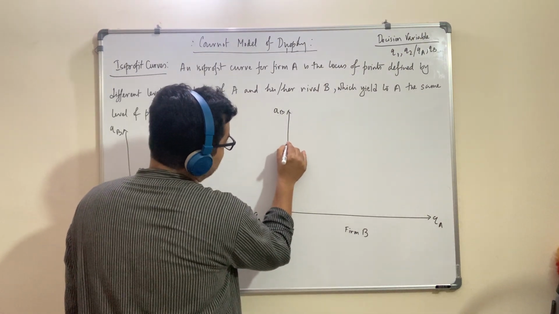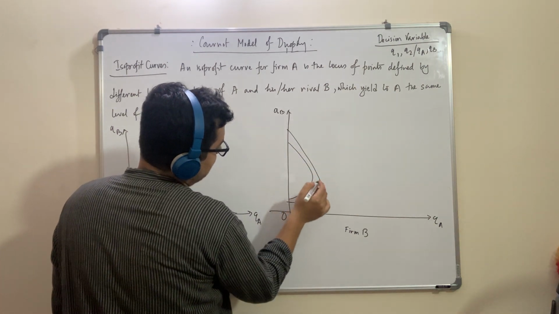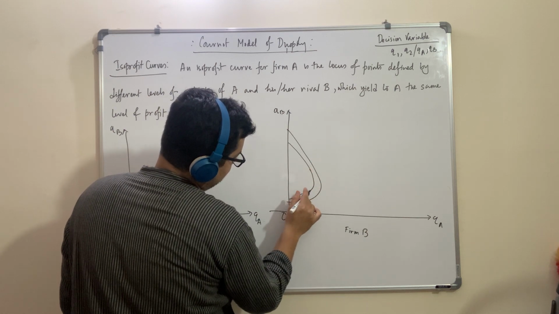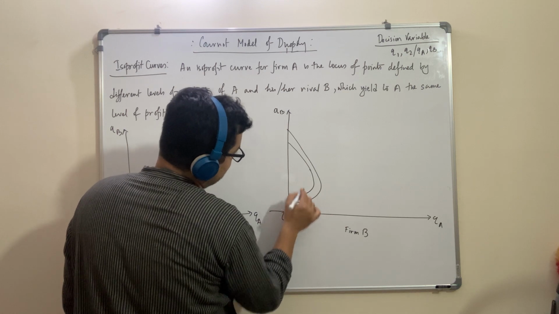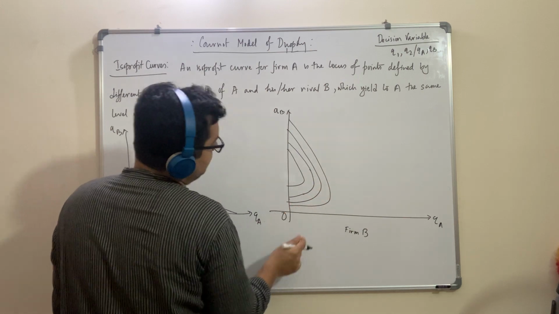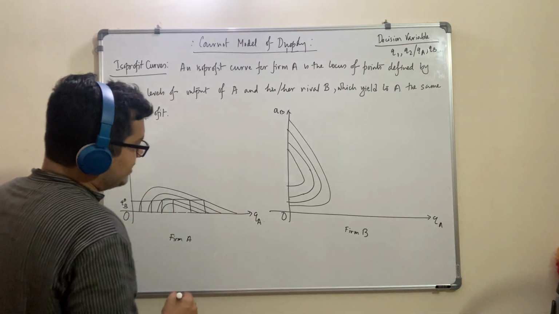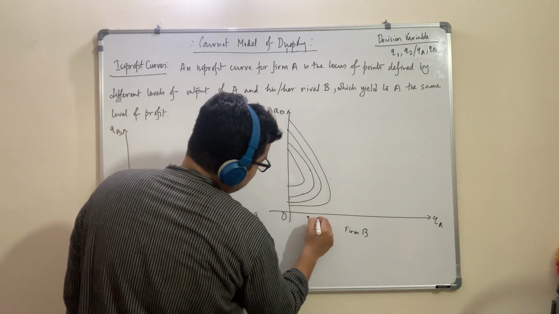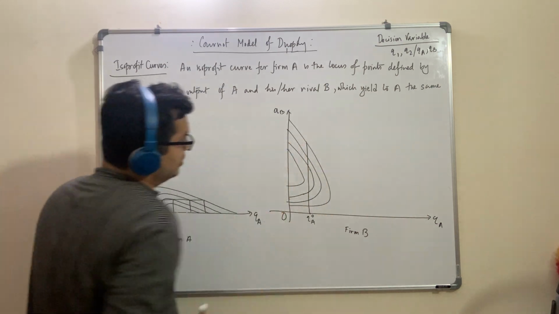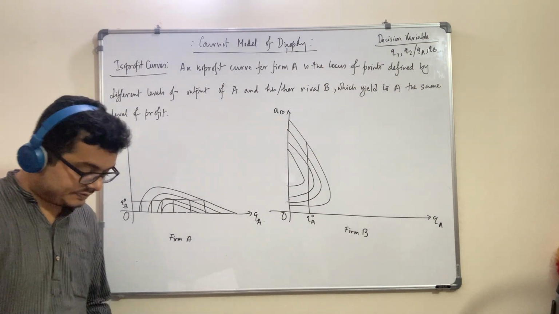Now firm B, it goes in that direction. Here also you will find the same thing. If I take some QA naught, it will go like this. So there are too many choices for firm B, and only one of them is optimal.